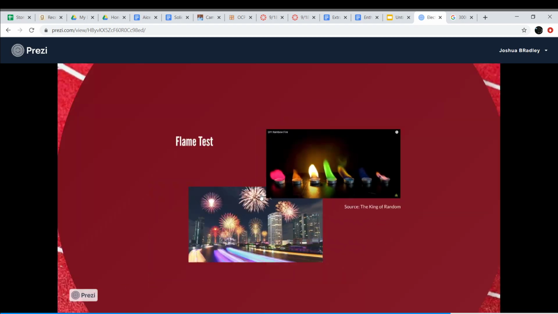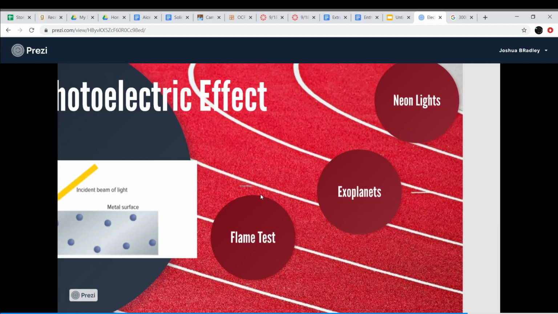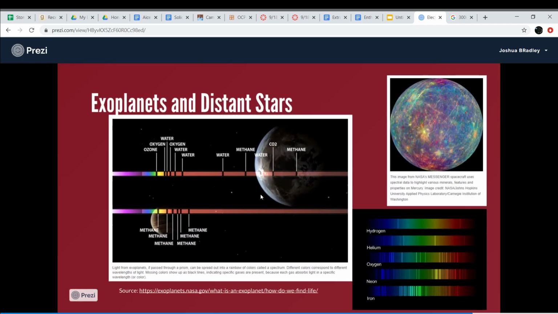All right, and here, just a second, let's go back here. This is what's talking with the exoplanets. Now, different elements, like these ones here, hydrogen gives us those specific lines, but helium and oxygen give us more.